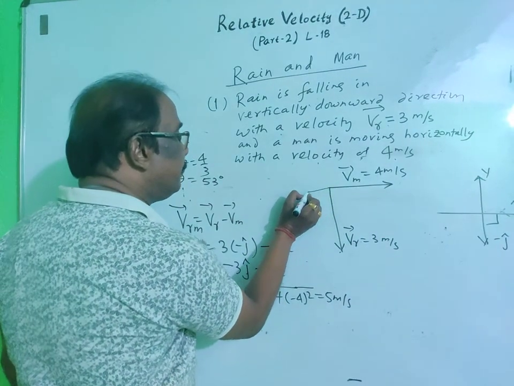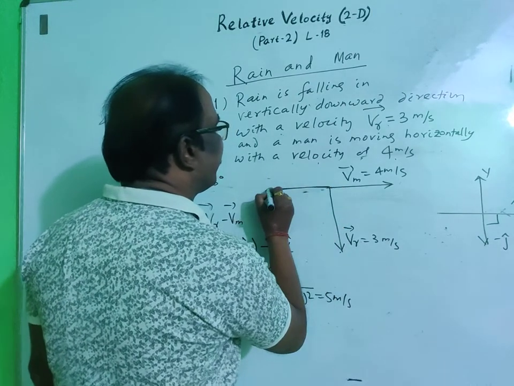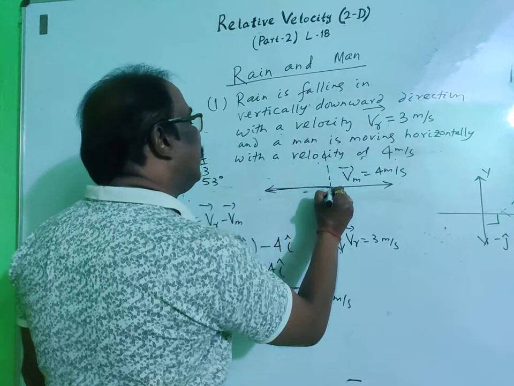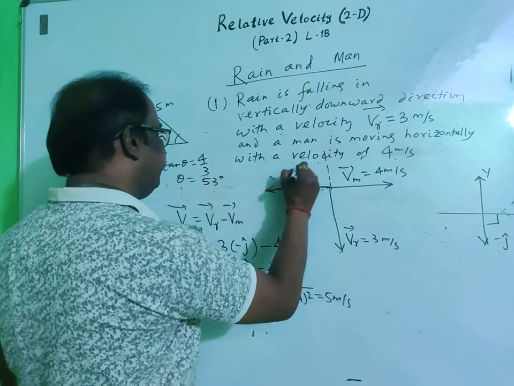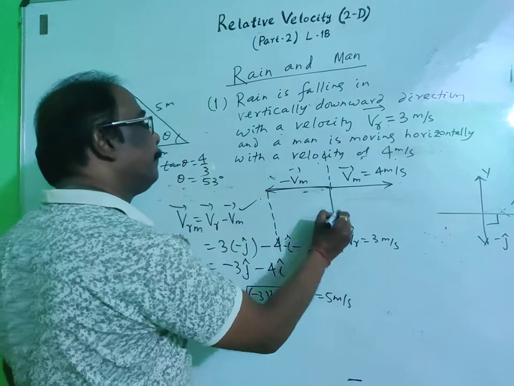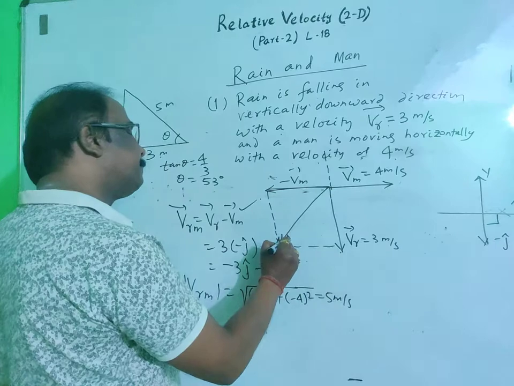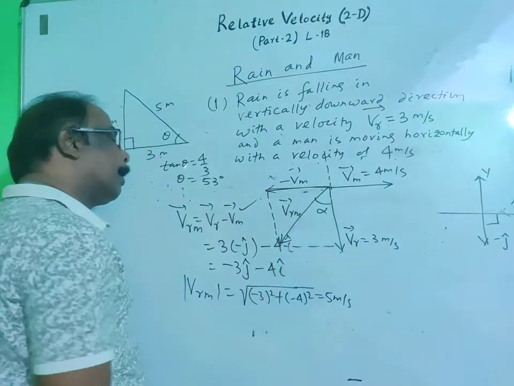Then about direction. This is minus Vm. This is vertical line. Complete the parallelogram. And this is the direction of relative velocity VRM, and this angle is alpha.